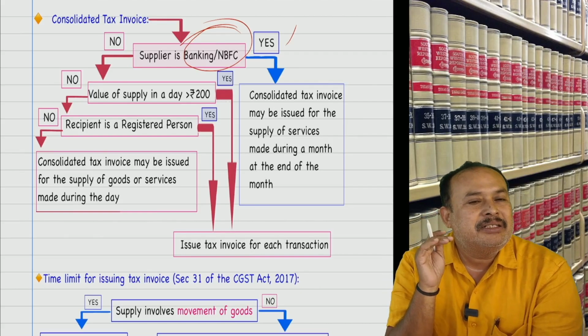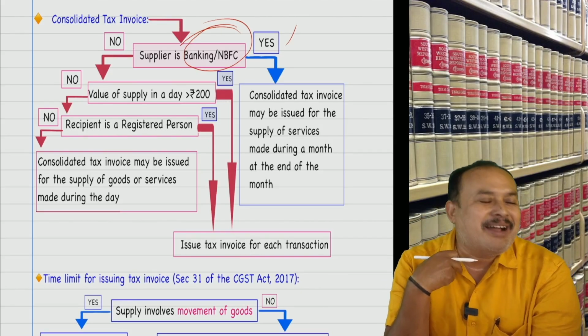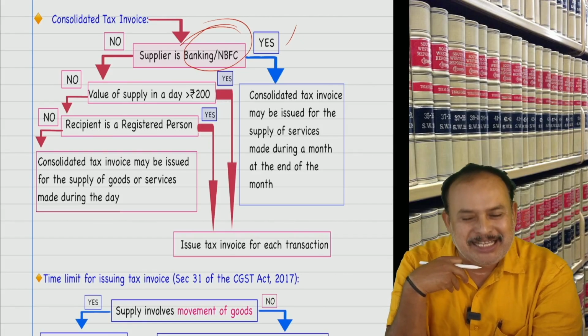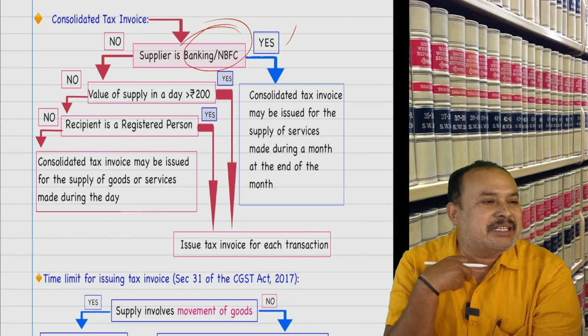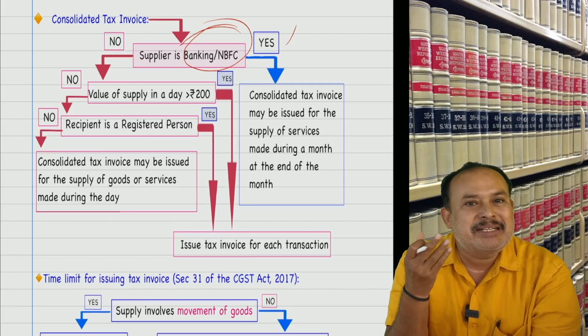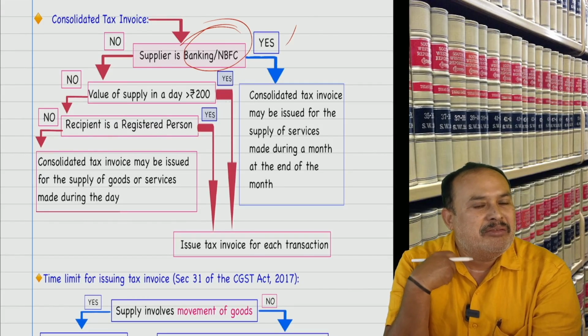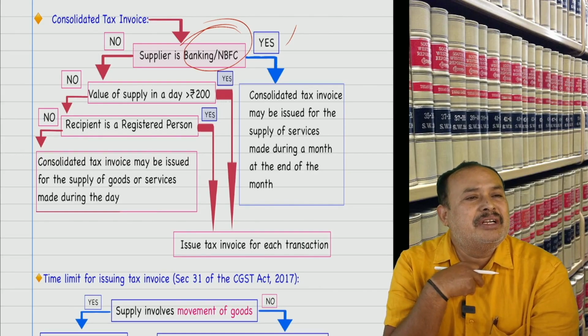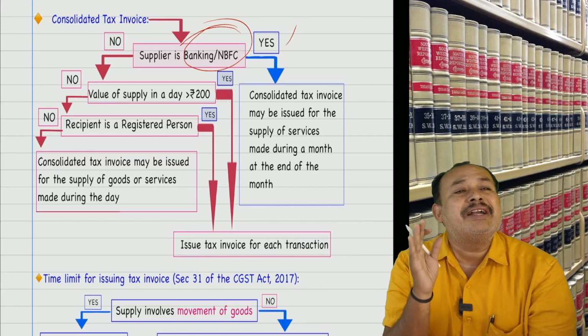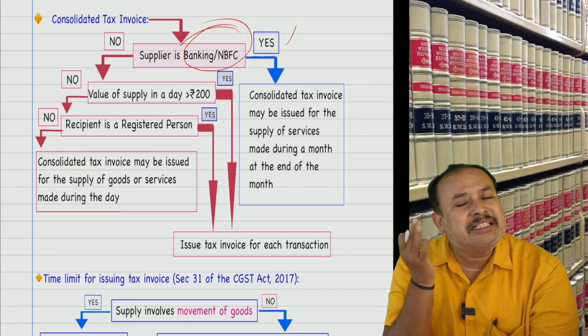Sir, after all, an ordinary person, as an individual, my bank transactions, the bank made supply to me when I issue a check, another check. When I submit checks, they credited my account. Like that, there are 250 transactions in the month of April.